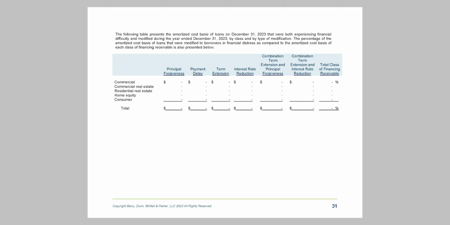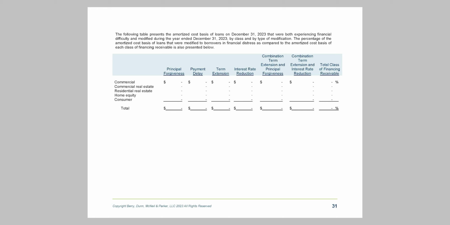So what the new disclosures require is that you disclose the type of modification. And the codification is very specific as to the types that you need to disclose. We have them listed right here on page 31. So you have principal forgiveness, payment delay, term extension, and interest rate reduction. Those 4 types are the types of modifications that you're going to disclose.